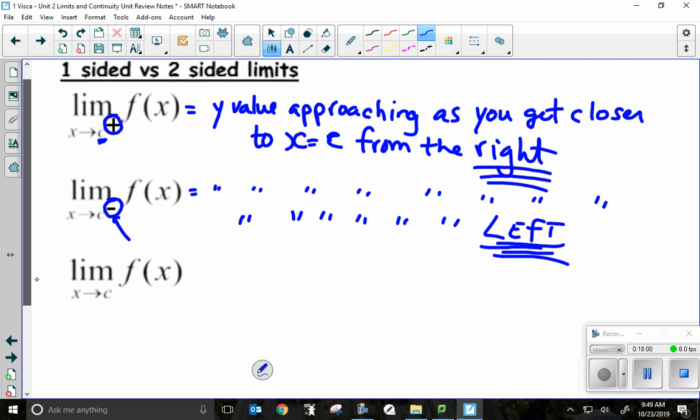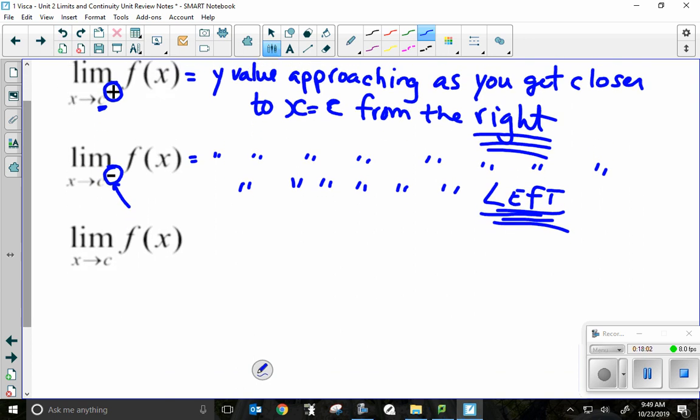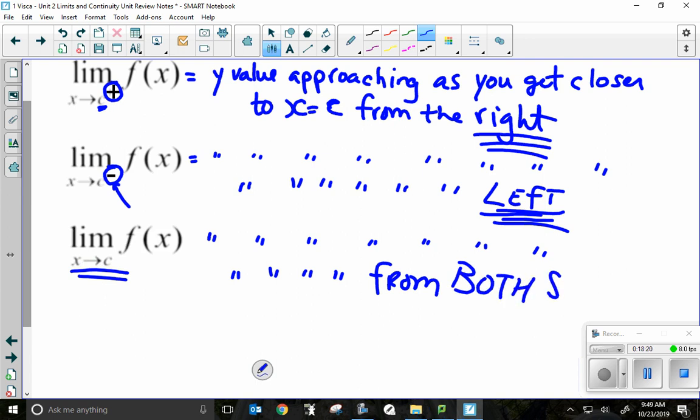Now, when we don't have a plus or minus, it's just x approaches C. That means it's the y value approaching as you get closer to x equals C from both sides, so you have to consider both sides. When there's no plus or minus, this is a two-sided limit. These ones are one-sided limits.